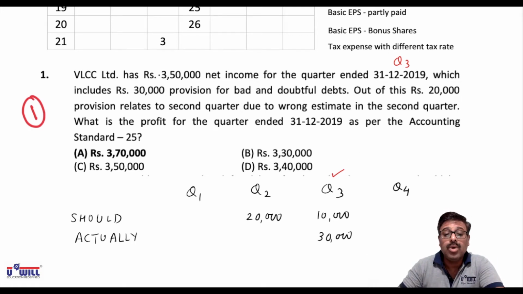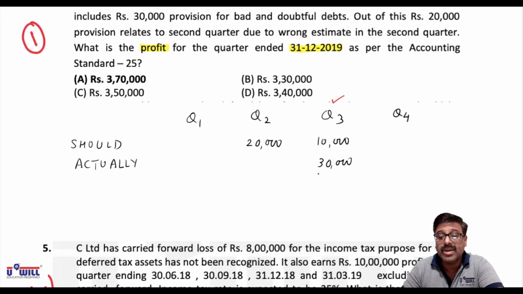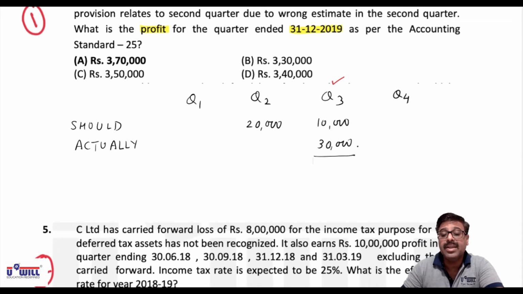Now, you are asked what is the profit for the quarter ended 31/12/2019 as per accounting standard 25. So as per accounting standard 25, what will we have to do in quarter 3? We should have taken 10,000 of BDR. We have actually taken 30,000 of BDR, means more BDR is taken. So 20,000 of BDR, if you remove from P&L account, the profits will increase.